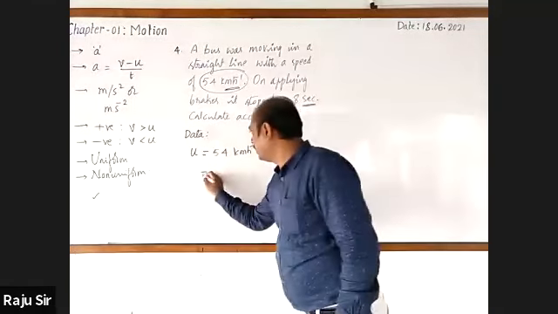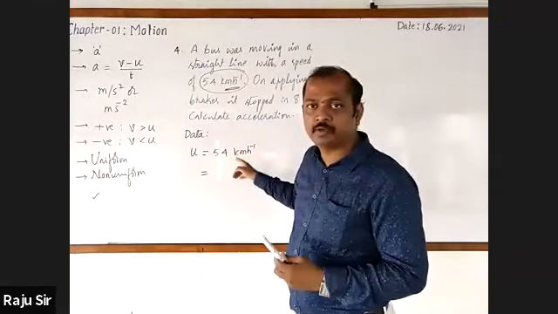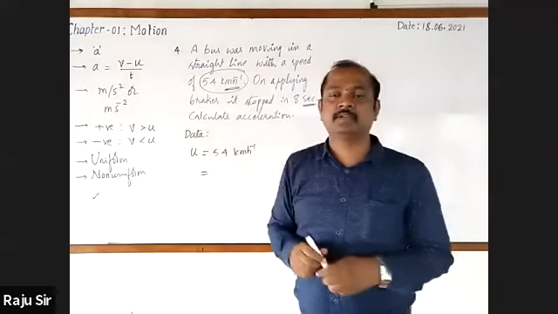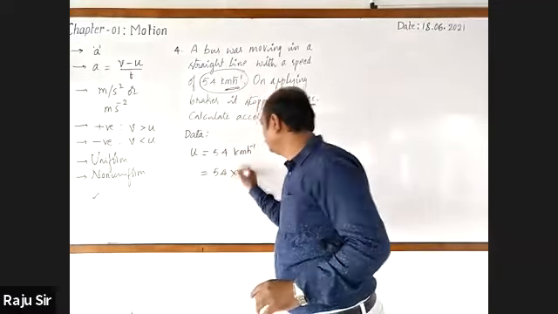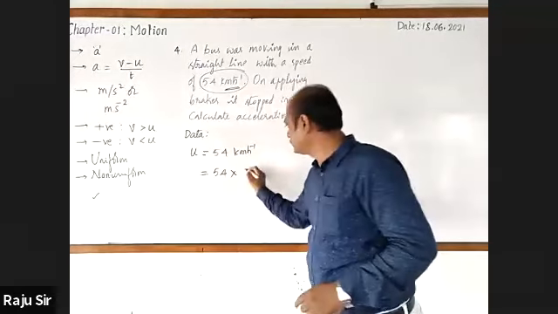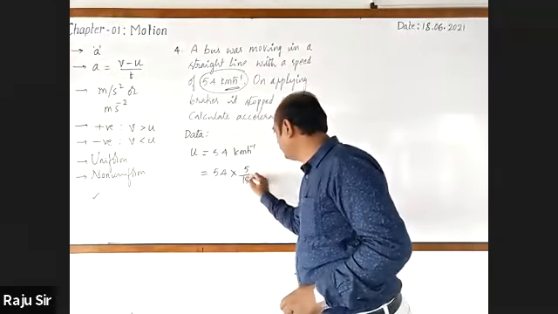Prashant, how do you go for converting 54 km/h into meter per second? 54 into 5 by 18. Very good. 54 into 1 km/h is 5 by 18 meter per second.